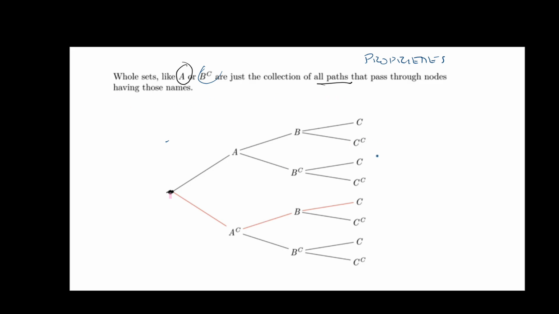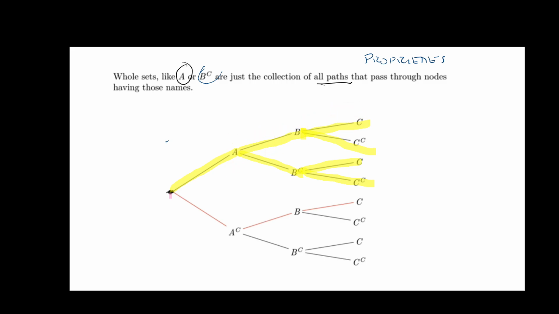So again, if you think about it, let me draw it here. Set A, the whole set A, represents the collection of all the paths that pass through A. So if you want to represent set A, you would have to do this union here. You would have to say, okay, I'm standing in A, and I have options after.